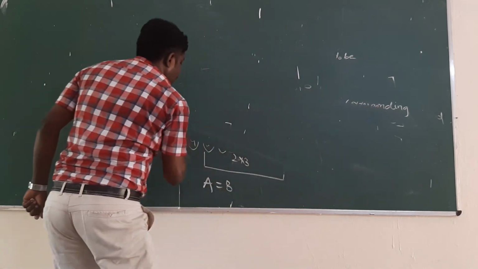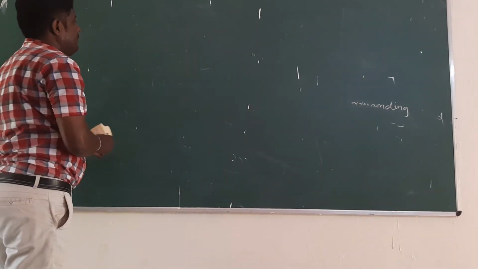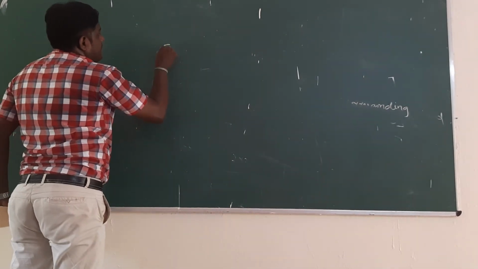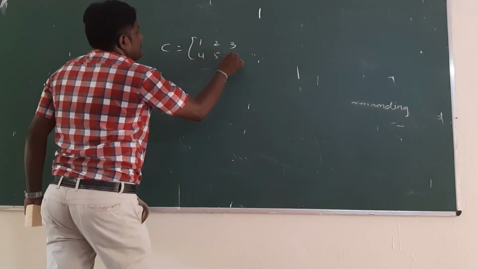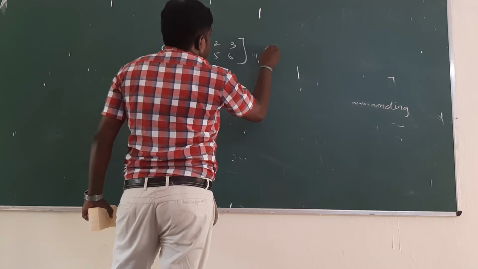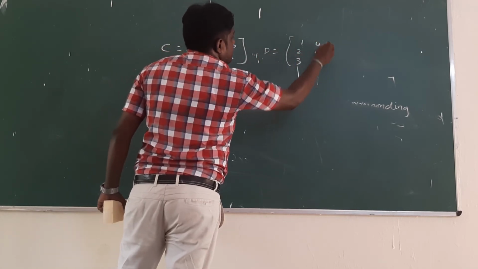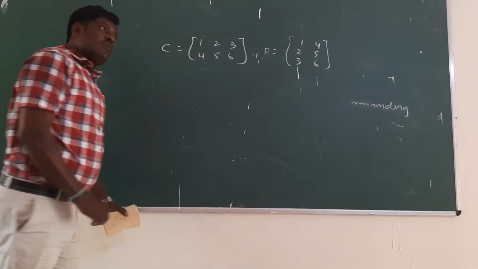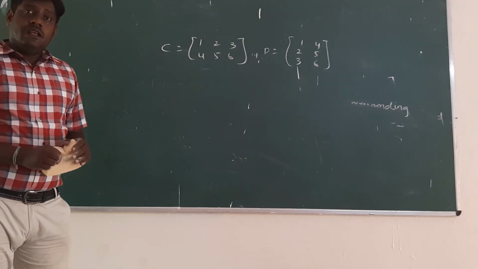See, I will give one more example. Matrix C is [1 2 3; 4 5 6]. Matrix D is [1 2; 3 4; 5 6]. Are these two matrices equal or not?